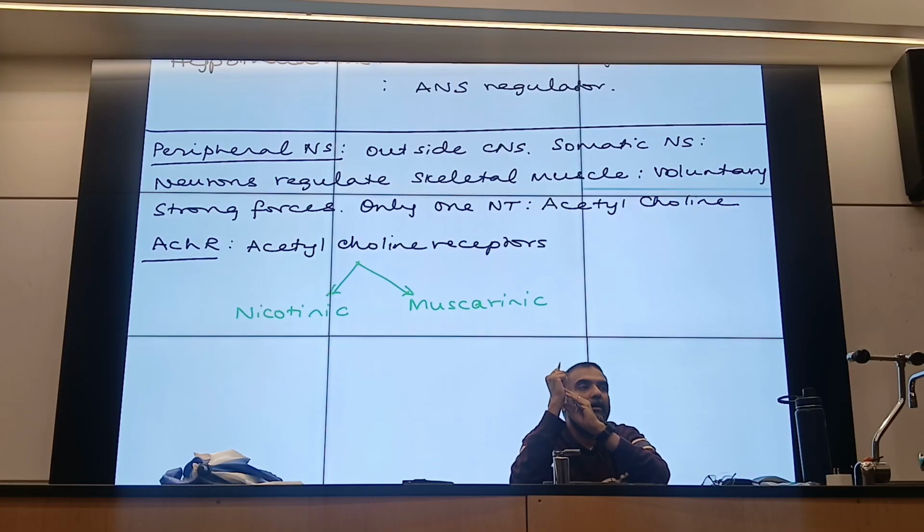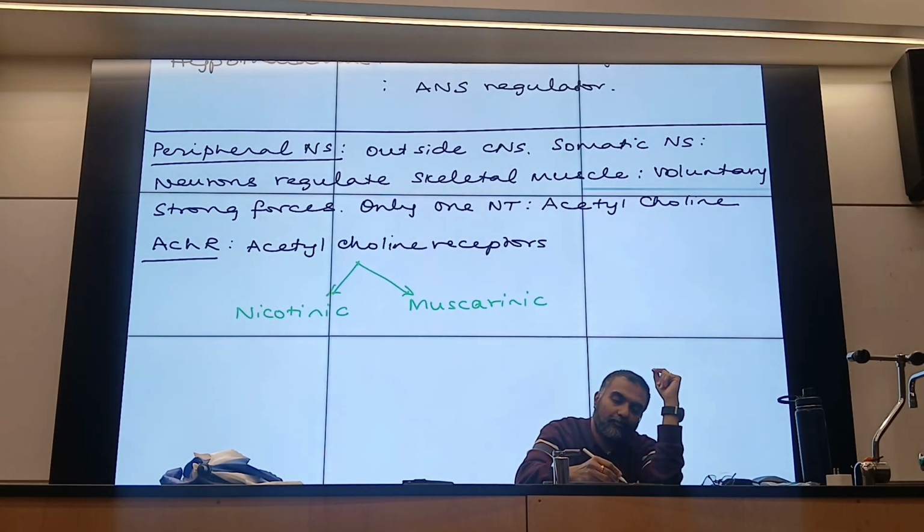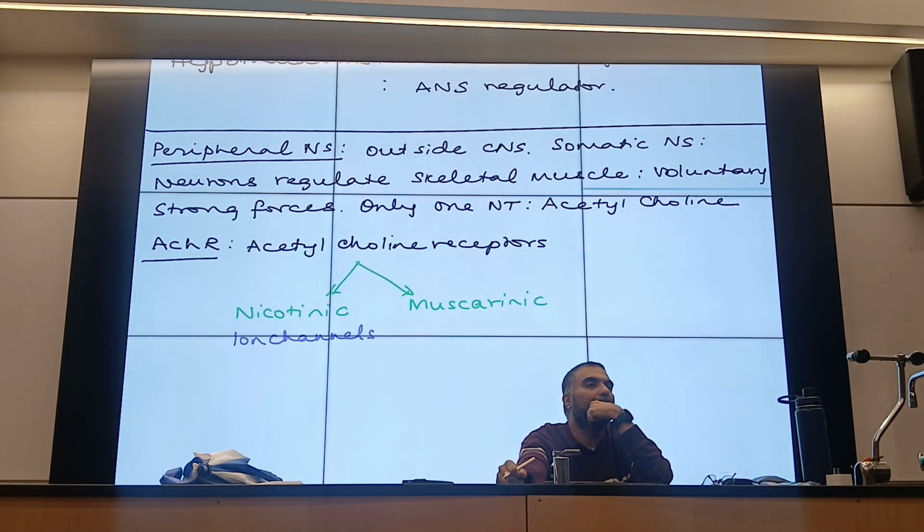So nicotinic, these are ion channels. So what mode is this? These are actually ion channels. So what mode is acetylcholine acting here? What are the two modes of neurotransmitter action? Look at your notes. What mode is ion channels?